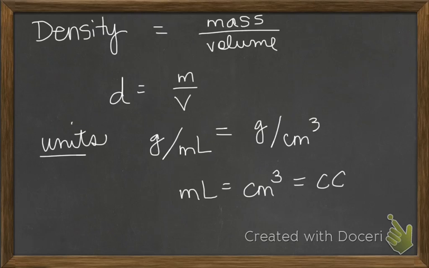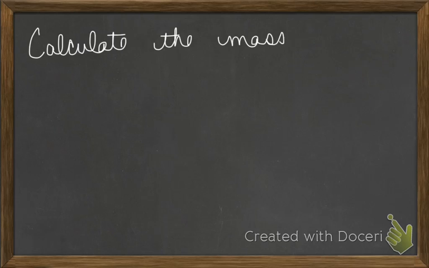So, how would we use this formula to solve density problems? Well, let's calculate the mass of a 21.7 milliliter gold nugget.